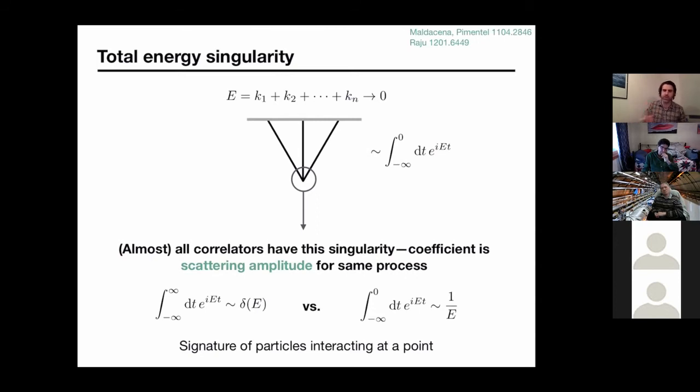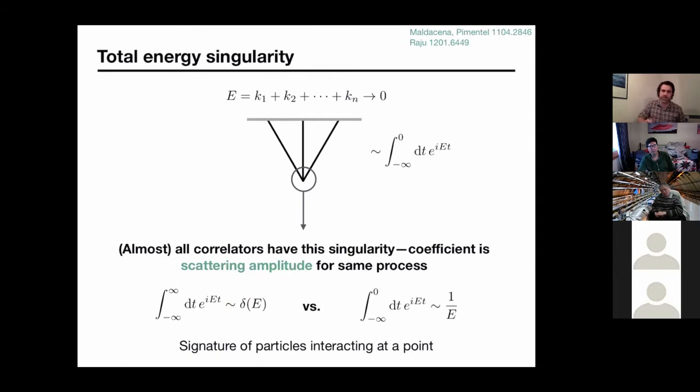I could compute a scattering amplitude in this half Fourier transformed way, where I integrate over time, but Fourier transform with respect to all the spatial momenta. I would find that this time integral generates a delta function that demands that energy is conserved. And then obviously the thing it multiplies will be a scattering amplitude.